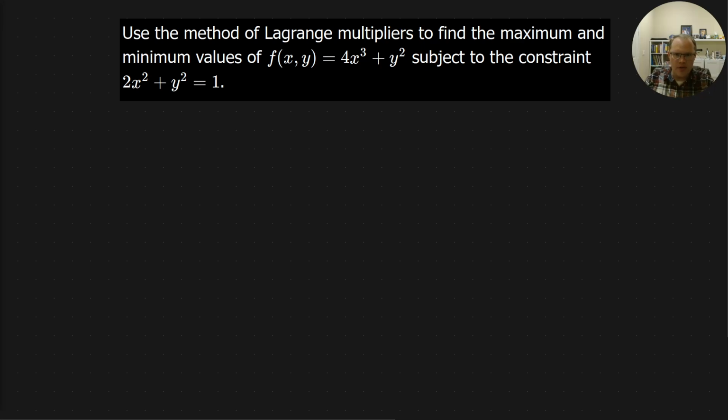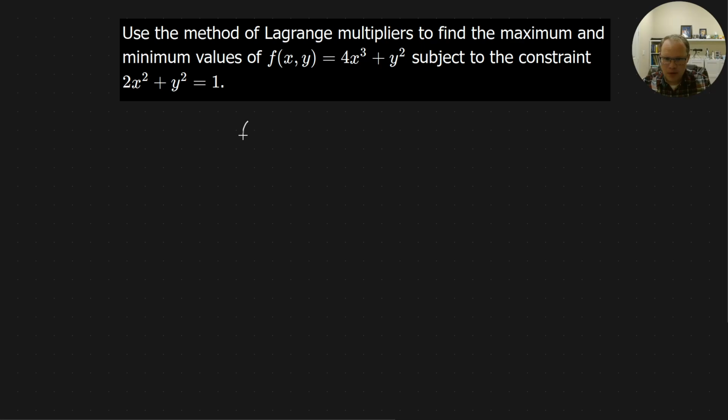Let's take a look at another example. Here we want to find the maximum and minimum values of the function 4x cubed plus y squared, subject to the constraint 2x squared plus y squared equals 1. Just as before, we're going to set up our system of equations using Lagrange multipliers.